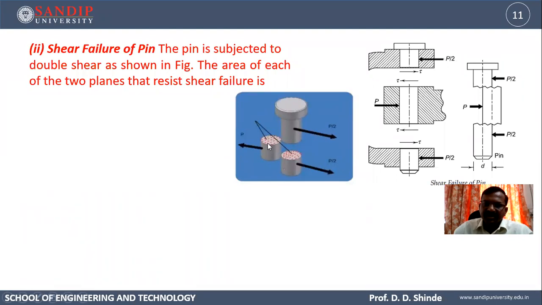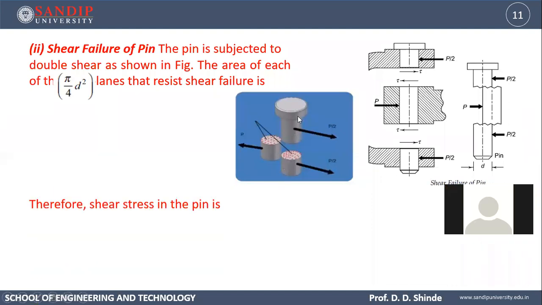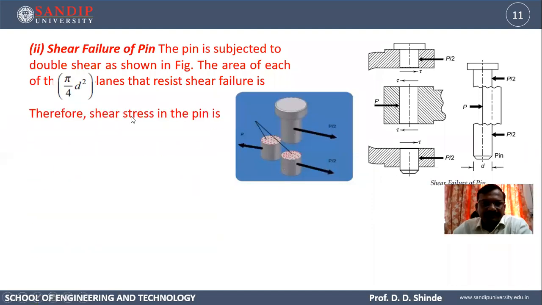So you can see the cross sectional area of shear. The central portion of the pin goes inside the eye, and the top and bottom portions are in the fork or the double eye. So it shears at two places. The cross sectional area you can see is pi by 4 d square, where small d is there.